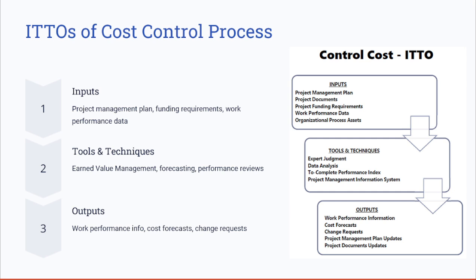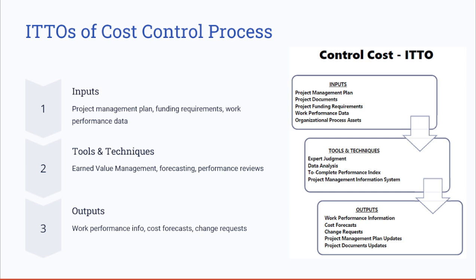The key inputs we have here are the project management plan, project documents, including the cost management, the basis of estimates, project funding requirements, the work performance data, the OPAs, and the tools and techniques. Here we have expert judgment, data analysis, and the to-complete performance index. We are going to cover also the outputs.